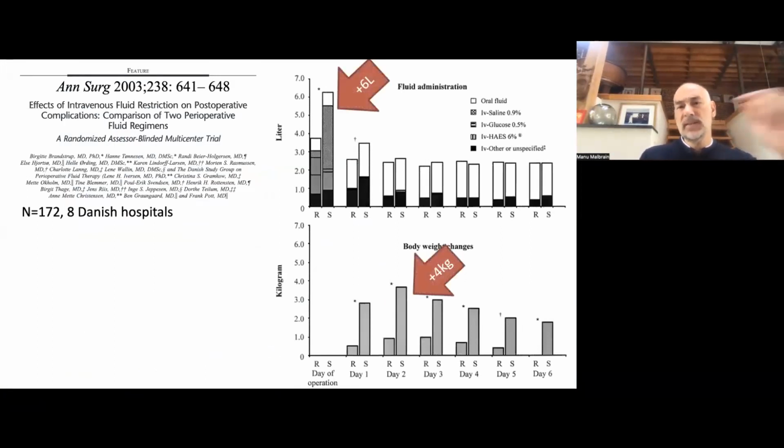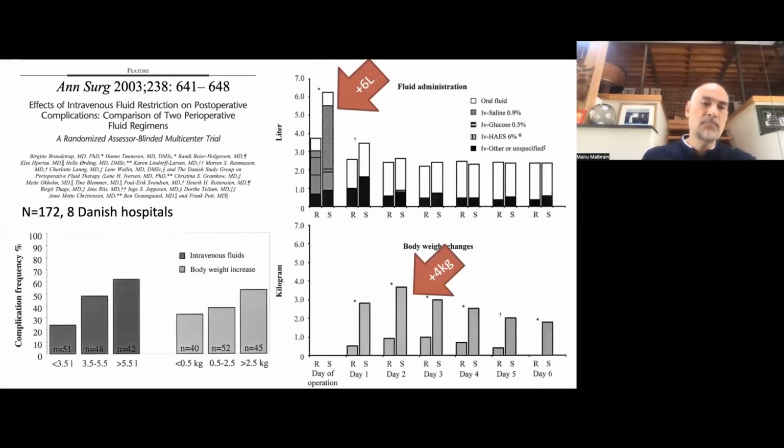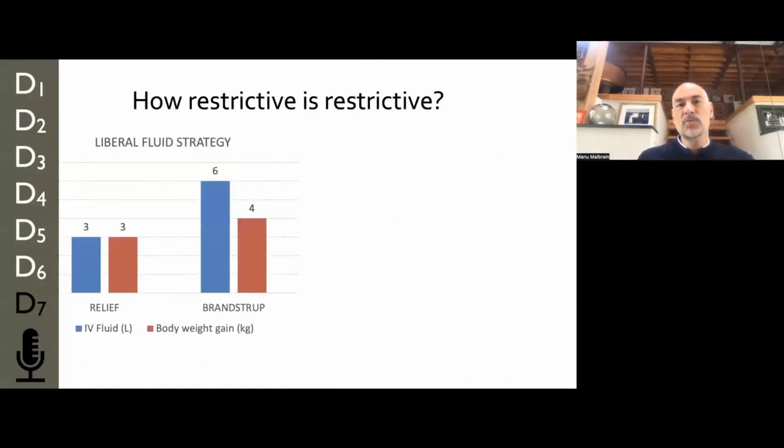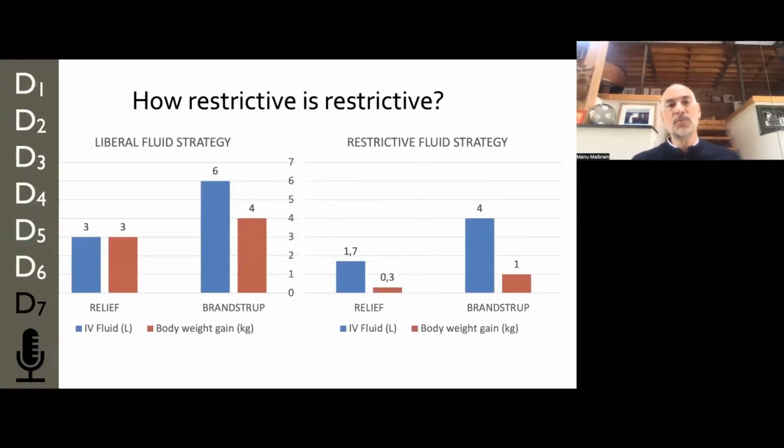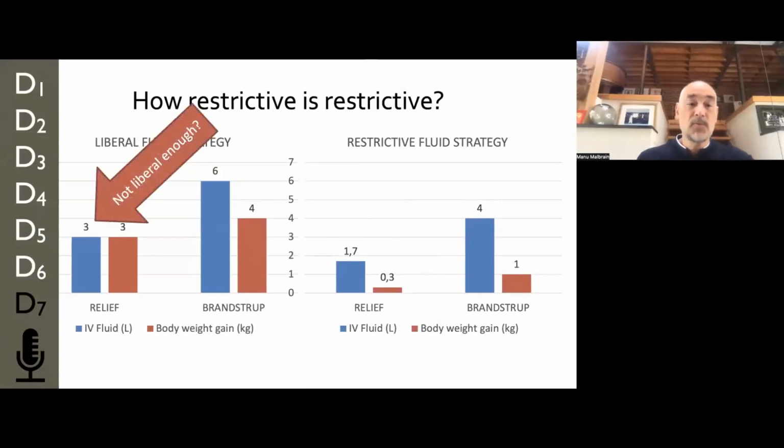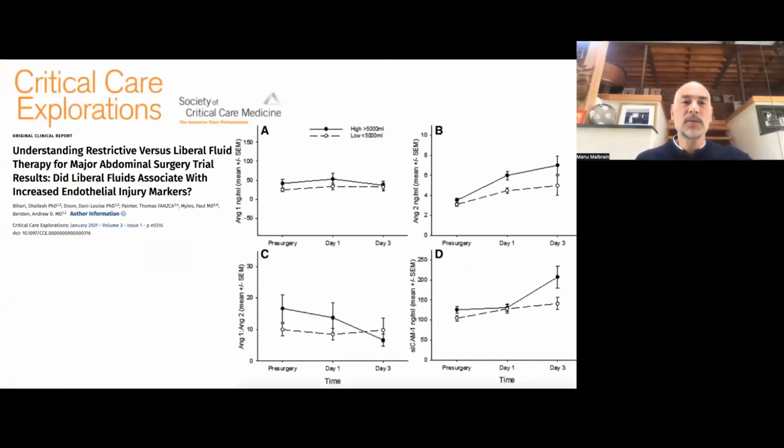And you can see that in the liberal group, there were more fluids, more body weight, and the more increase in fluid accumulation, the more complications. So you could ask yourself how restrictive is restrictive. And if you compare RELIEF with the Danish study, you can see that maybe RELIEF was not liberal enough, and maybe RELIEF was too restrictive compared to the other studies. So it's about finding the separation between the two arms of the study.